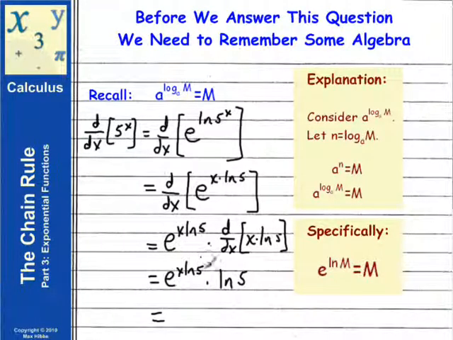So this whole expression is no different than just 5 to the power x. So the derivative of 5 to the power x is 5 to the same power times the natural log of the base that we have here.